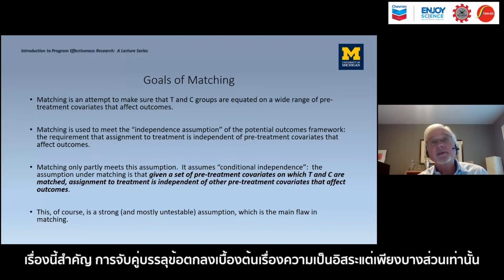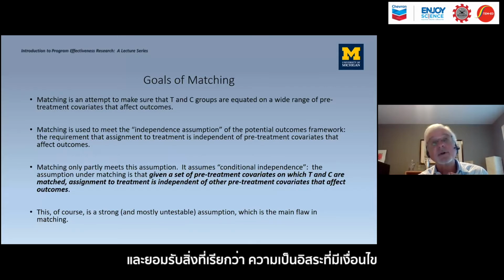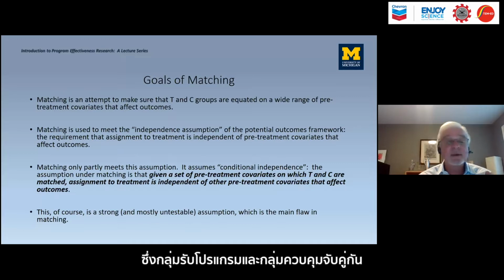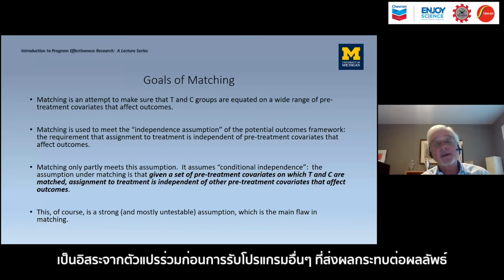Now, this is important. Matching only partly meets the independence assumption. It assumes what's called conditional independence. The assumption under matching is that given a set of observed pre-treatment covariates on which the treatment and control group are matched, assignment to treatment is independent of other pre-treatment covariates that affect outcomes.